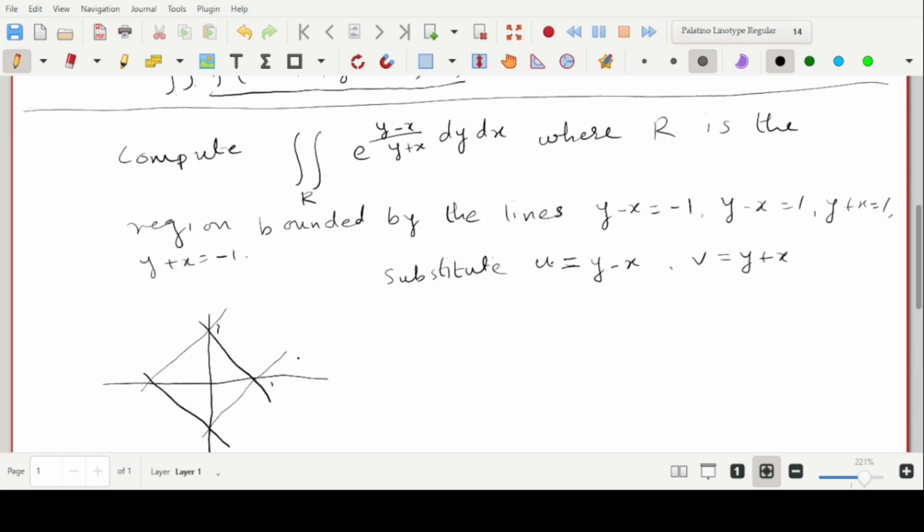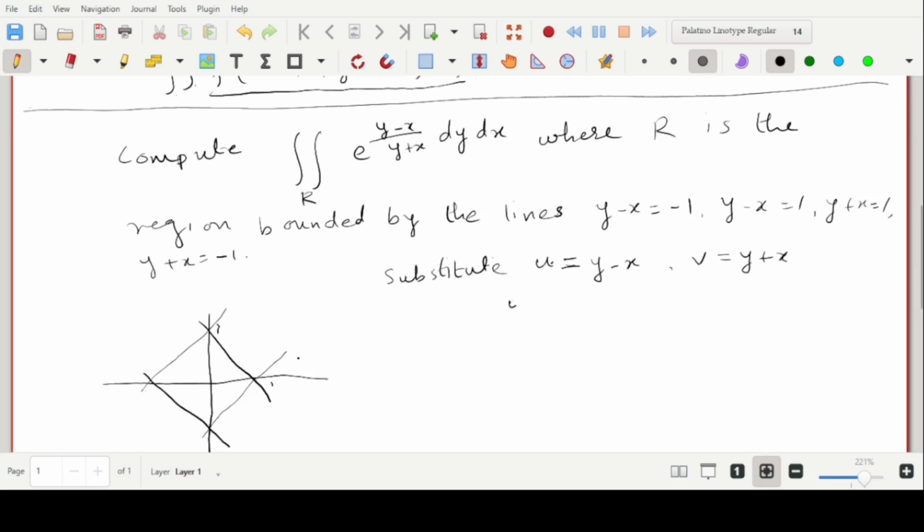We can always solve these and find out what x is in terms of u and v, and similarly what y is in terms of u and v. So let us add these two equations. That will annihilate x. We shall get 2 times y equal to u plus v.